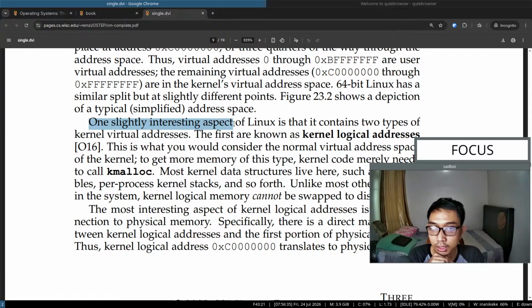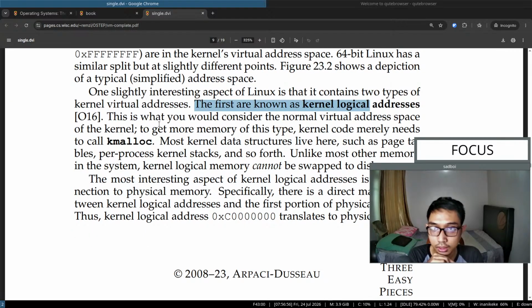One slightly interesting aspect of Linux is that it contains two types of kernel virtual address. The first are known as kernel logical addresses. This is what you would consider the normal virtual address space of the kernel. To get more memory of this type, kernel code merely needs to call kmalloc.